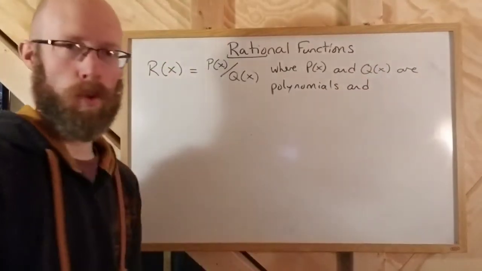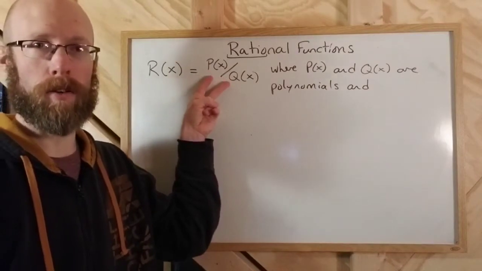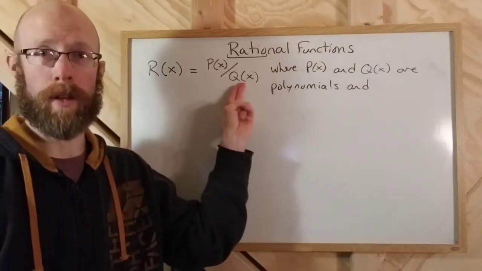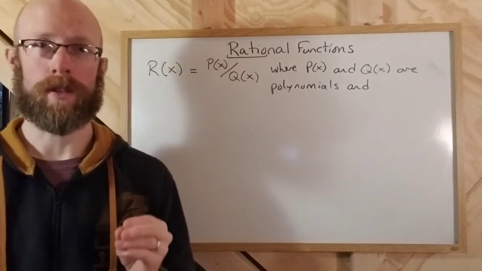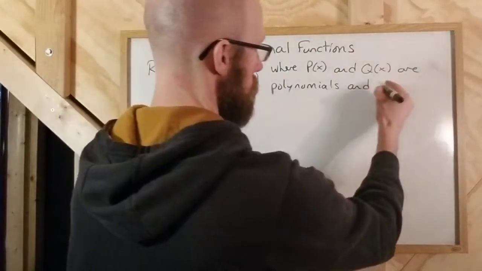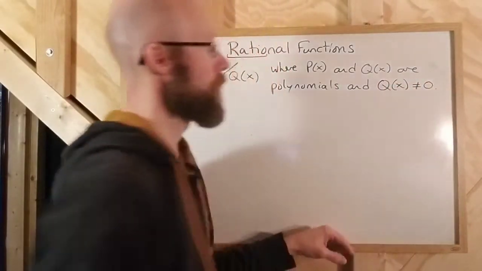And there's one very important aspect: you cannot have a fraction if the denominator is 0. So we have to make certain that the denominator is not 0, which means q of x cannot equal 0, right?